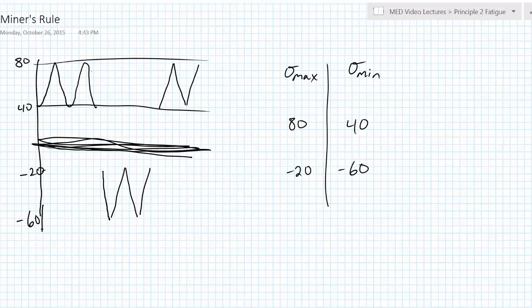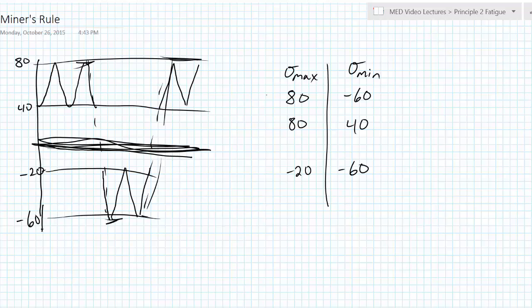But hopefully you see that there's also a cycle between the maximum and the minimum. That might not be intuitively obvious, but anytime we go from a maximum to a minimum, we have a cycle. So there's a sort of hidden cycle in there as well that goes from 80 all the way down to negative 60. And in fact, this is actually going to be the most damaging cycle.